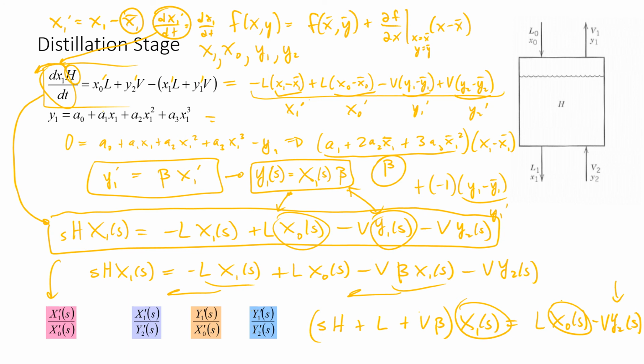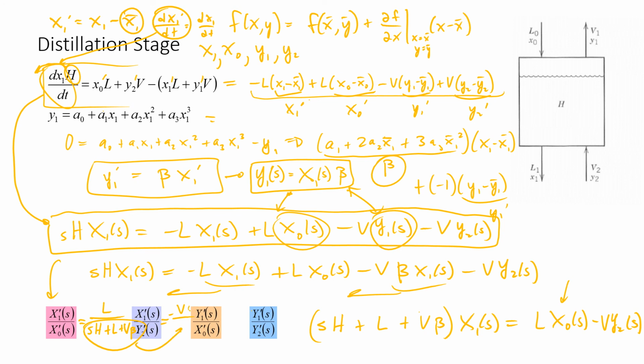That will be equal to L divided by s times h plus L plus v times beta. And then I can do the same thing for the other one. Just assume there's no change in the inlet composition of the liquid. Then it's basically the same thing, but negative v and the same denominator.